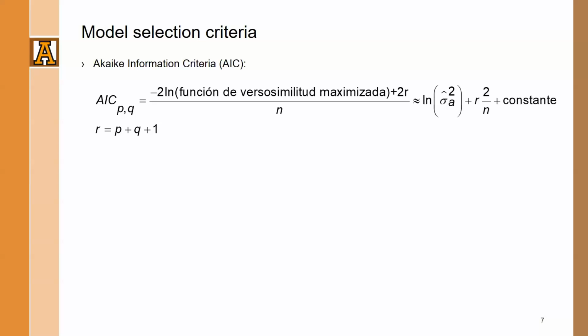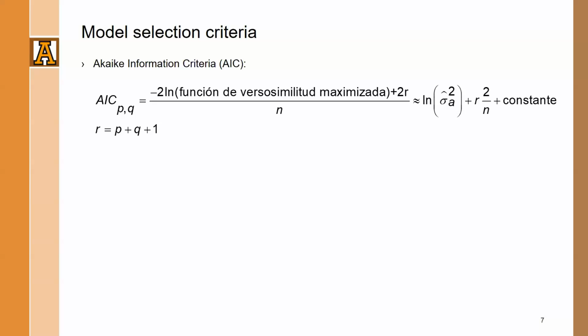For example, the auto.arima function in R automatically fits a model, but the only criterion it considers is the Akaike information criterion. It tries to minimize the Akaike information criterion and selects the model that minimizes that. However, this criterion doesn't take into consideration whether the assumptions of the model hold or not.